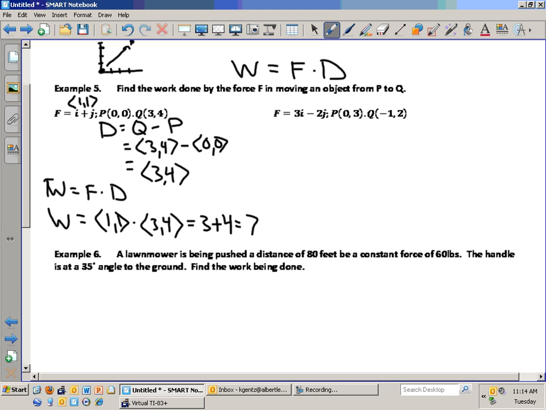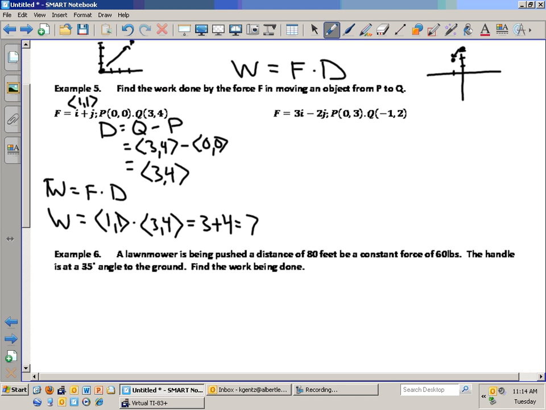Let's do the second one. Force is equal to 3i minus 2j, point P is 0, 3 and Q is negative 1, 2. You start at 0, 3 and you're moving to negative 1, 2. Did I move in a positive direction or negative direction? Pretty much negative. So you can expect that we will have negative work done, as it represents that type of direction.